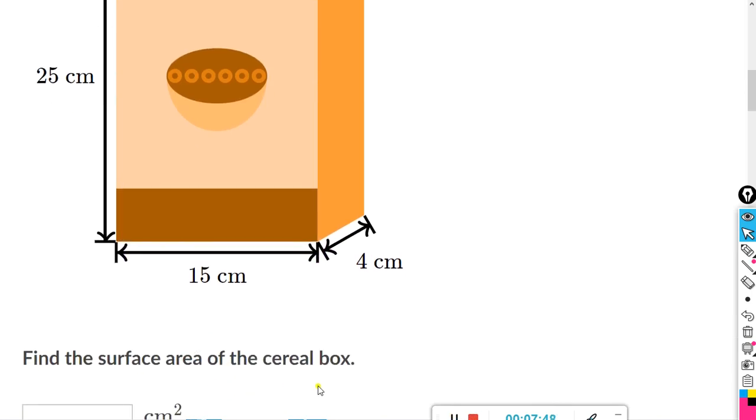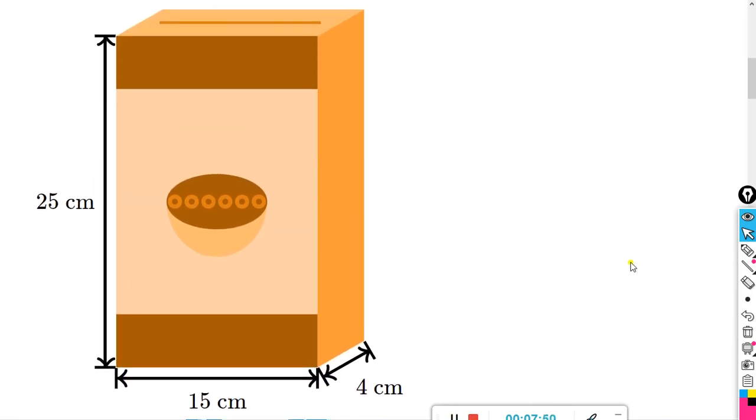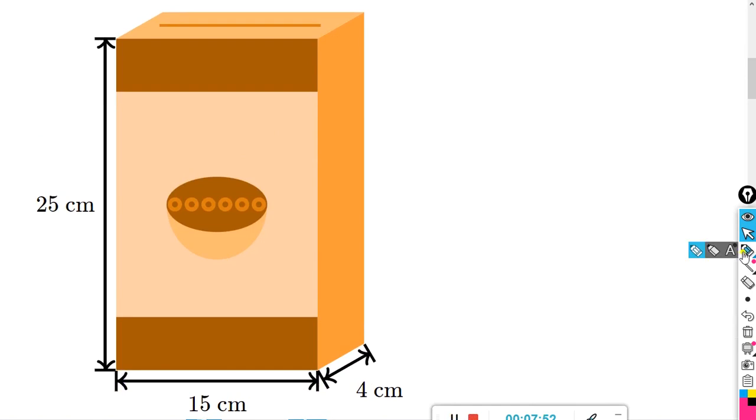All right, here they want us to find the surface area of the cereal box. So we said before, the area of a rectangle is length times width, or base times height. So let's start with the front and back.